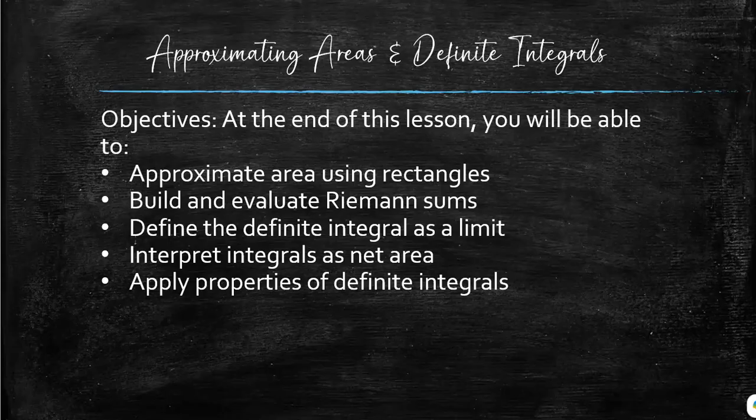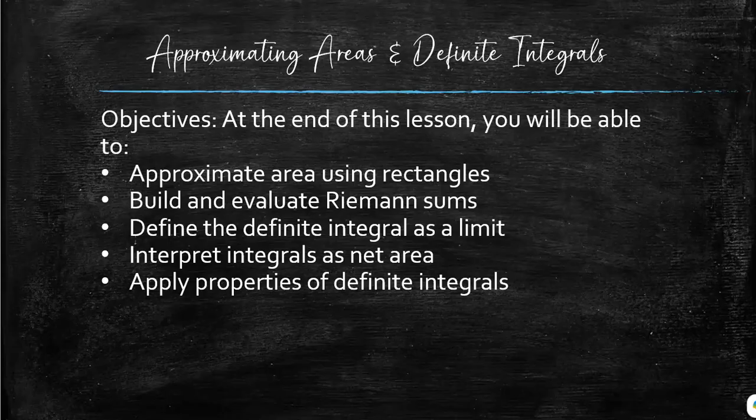The truth is that understanding area is one of the central goals of calculus, because it allows us to measure accumulated quantities such as distance traveled or total growth or total change over some interval.